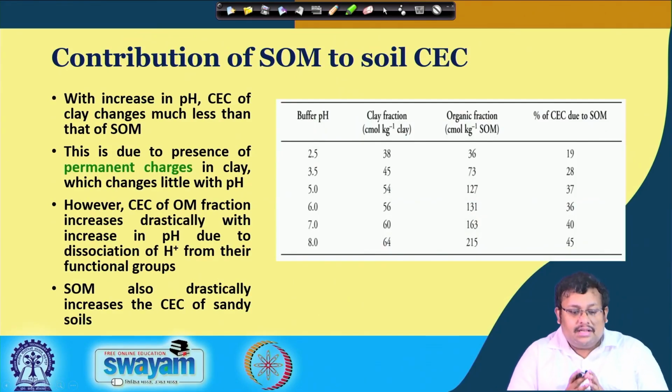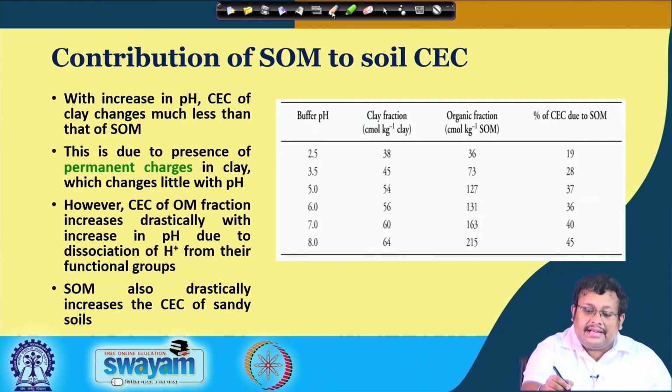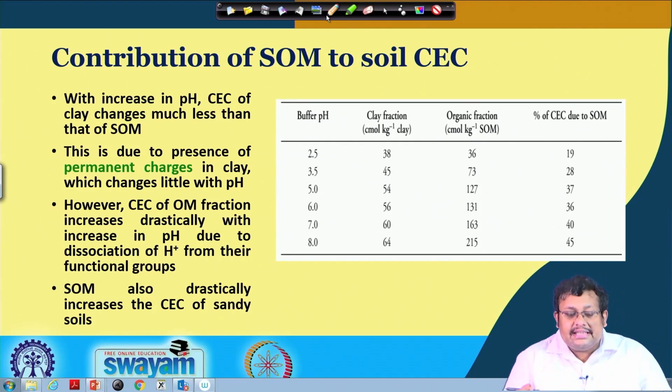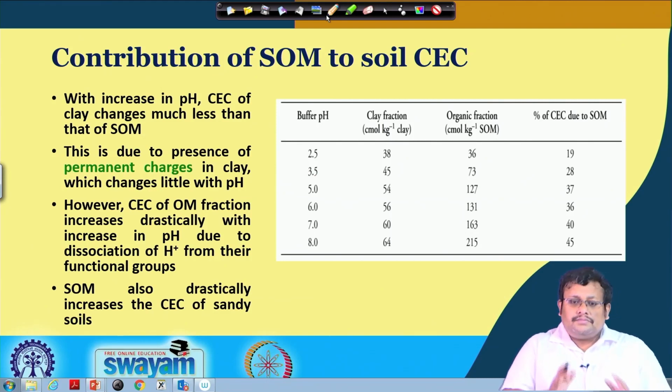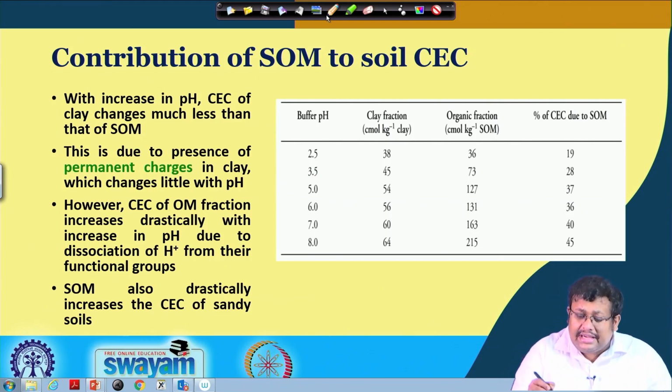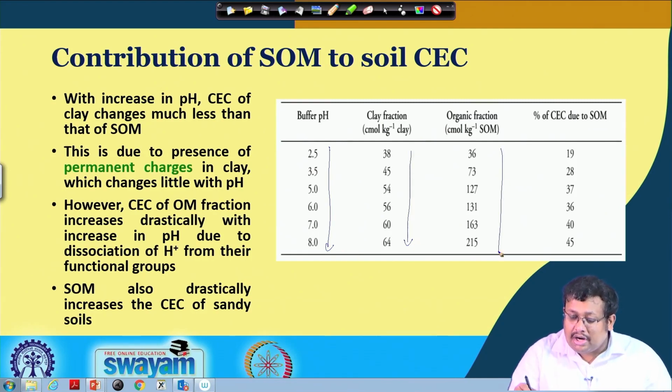If we consider the contribution of soil organic matter to soil CEC, this chart gives us some overview. We can see here that as pH increases from 2.5 to 8, the clay fraction increases and the organic matter fraction also increases.